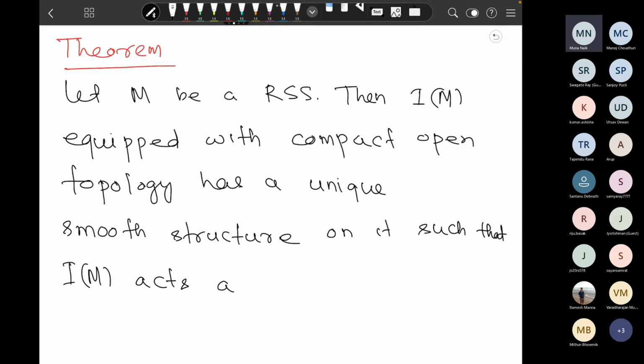So therefore we have shown that IM acts on M transitively.